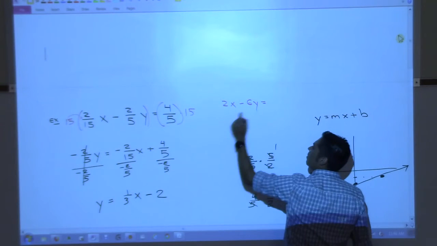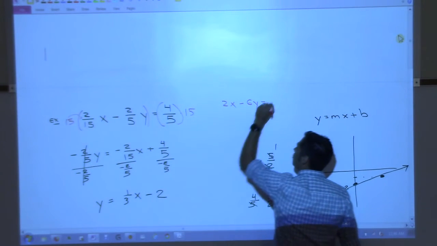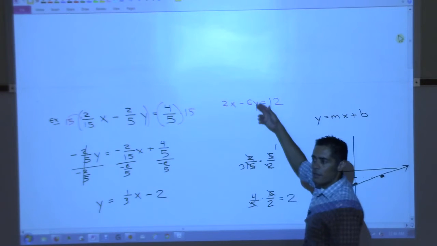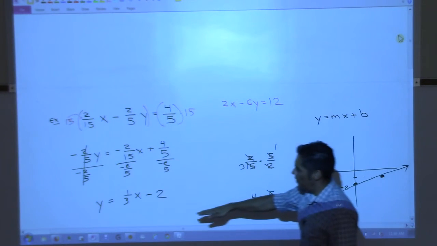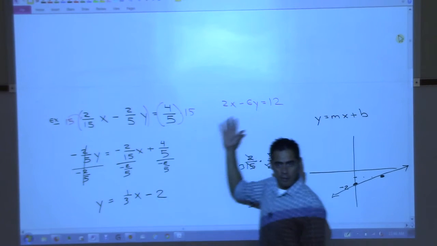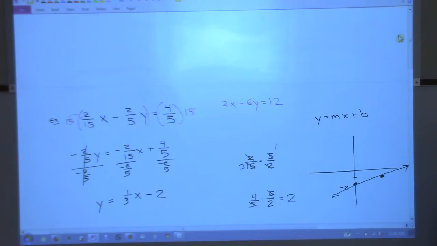And then equals, on this side, 15 over 5 is 3, so you should get 12 over here. It's just a little easier to work with if you look at it that way. And then you'd still do the same thing. You'd move the 2x over, then divide by negative 6, and you would come up at the very end with these same fractions right here. I'm not going to work it, but you see what I'm doing there? Okay.